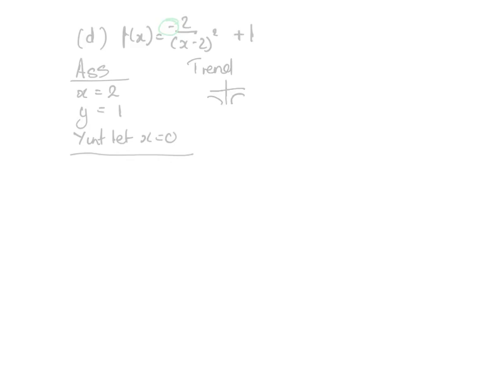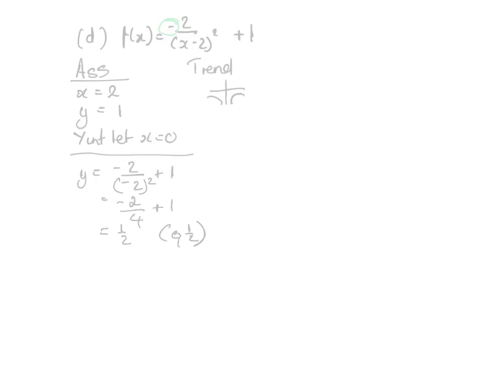All right, so x equal to 0, so we get minus 2 on 4 plus 1. Minus 2 on 4 is minus a half. Minus a half plus 1 is positive a half. So what's that coordinate? It is 0 and a half.